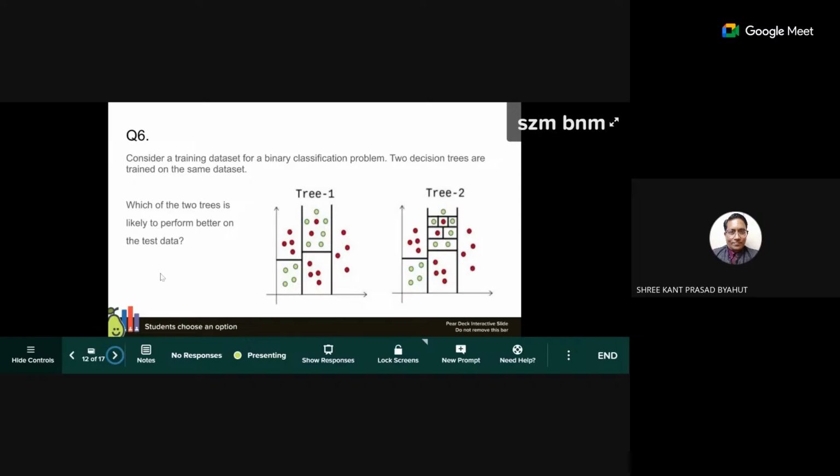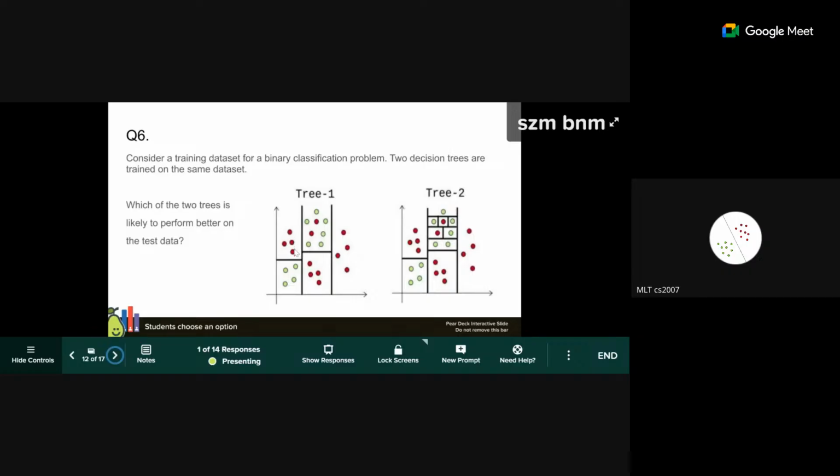Because it's overfitting. Yeah, that's correct. What you're seeing here are the decision boundaries for tree one and tree two. If I'm given test data, which tree is going to perform better?